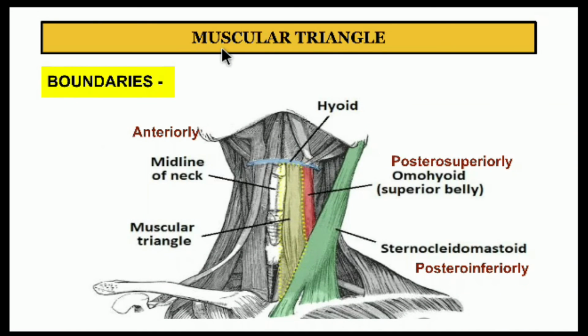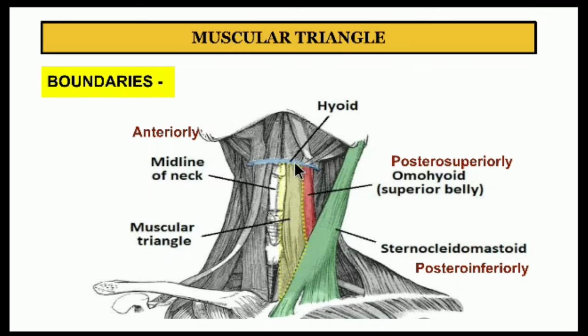Last triangle, the muscular triangle. The anterior border of the muscular triangle is formed by the midline of the neck. The base is formed by the hyoid bone, with the posterior superior and posterior inferior borders. See, in the carotid triangle the anterior border is L-shaped, but in the muscular triangle the posterior border is L-shaped.